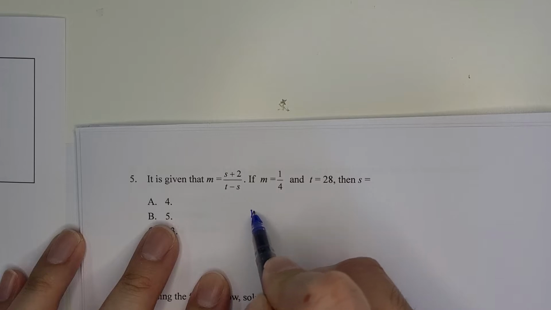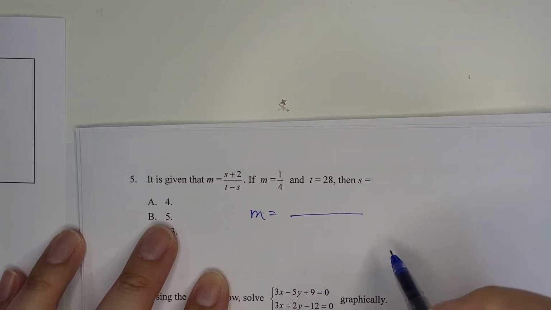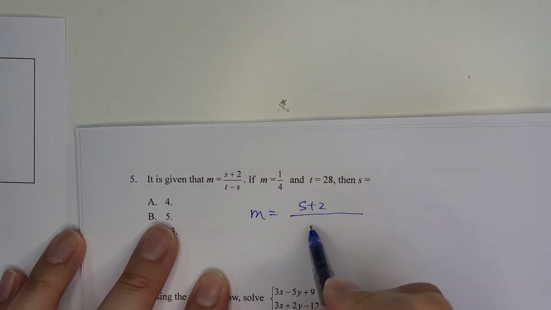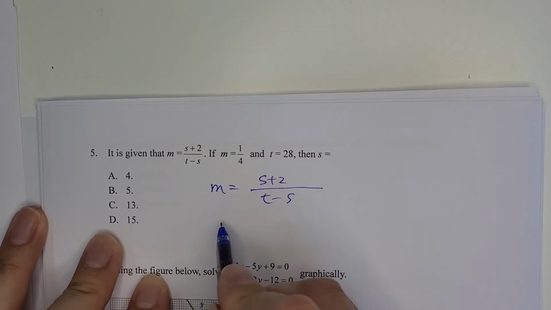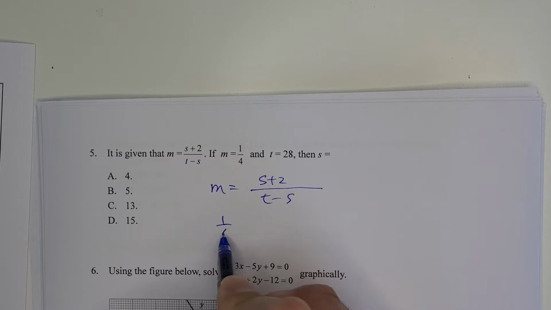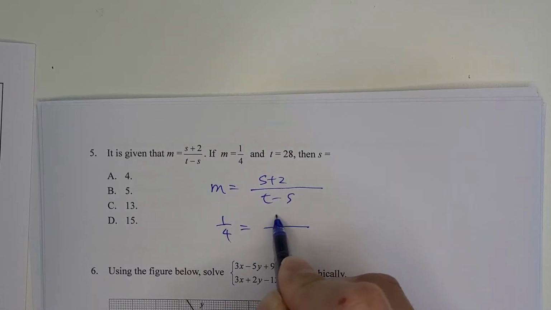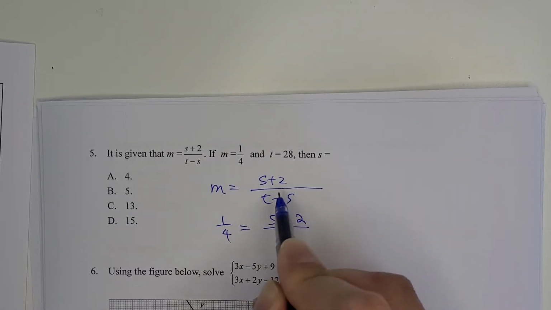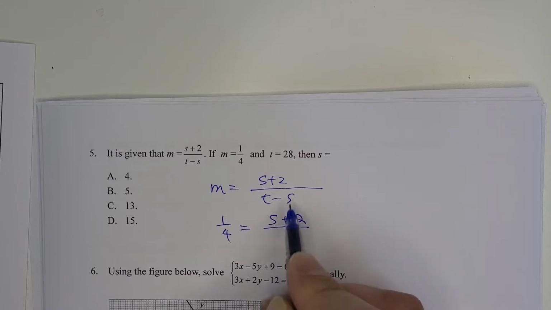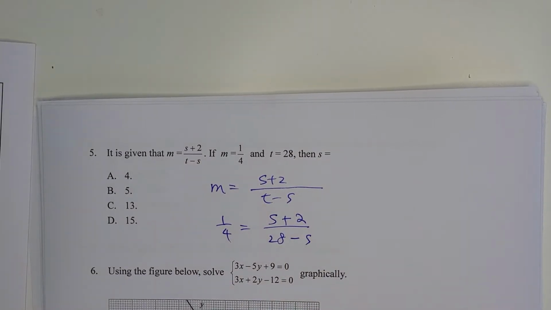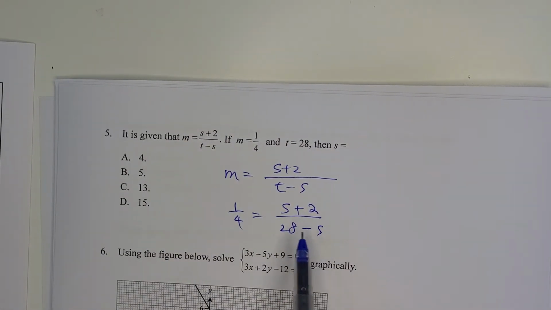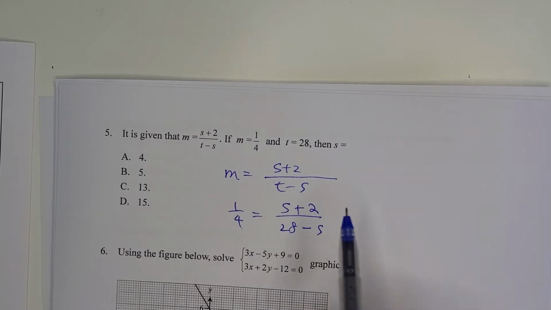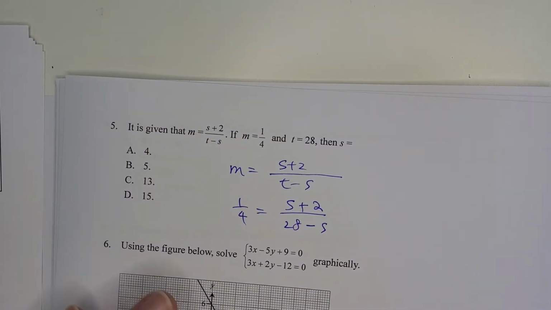So m equals s plus 2 over t minus s, and m is 1 over 4, so you substitute in 1 over 4 equals s plus 2 over t, that is 28, 28 minus s. Okay, then what's the next step you should do? You can solve it directly, of course. And how do you start?